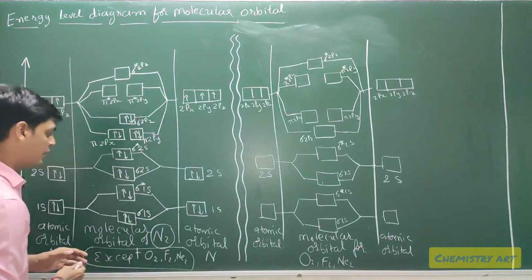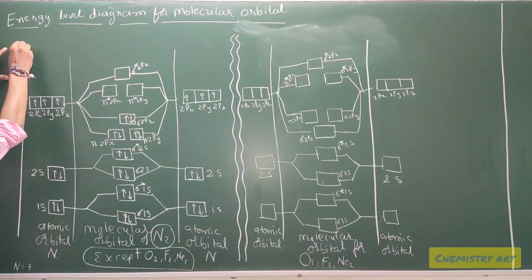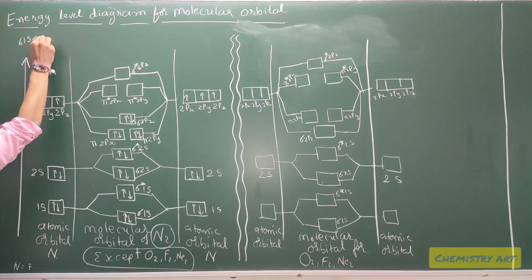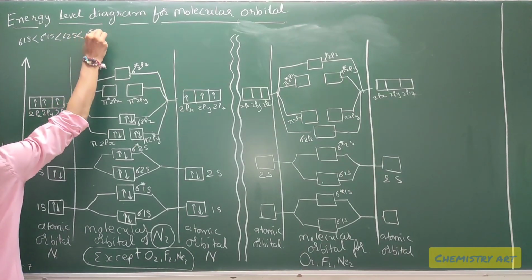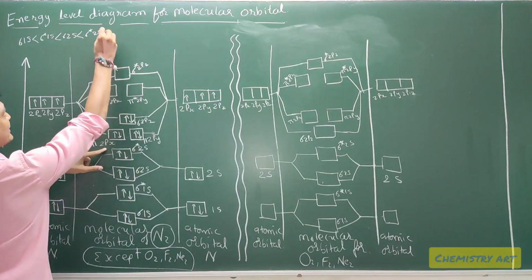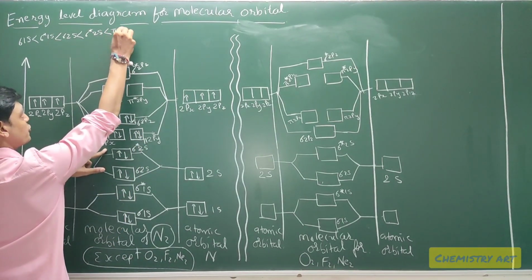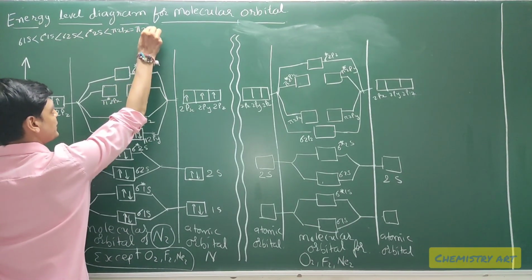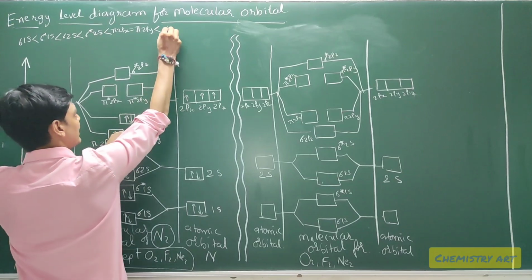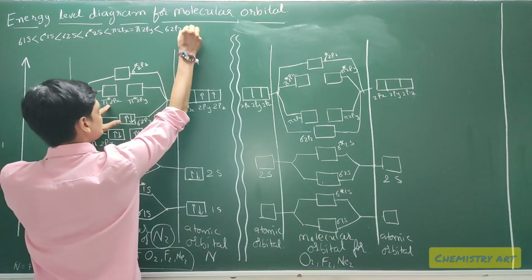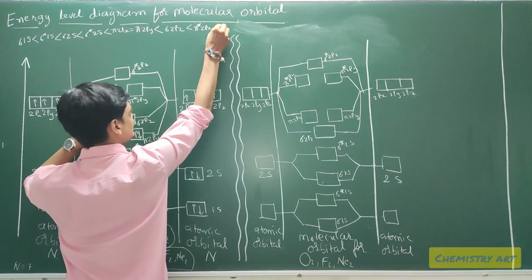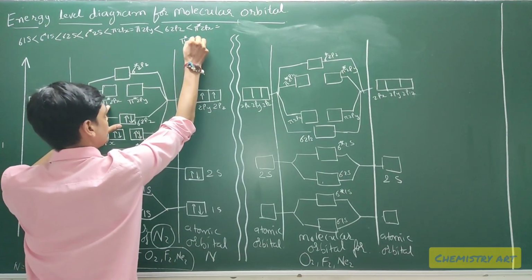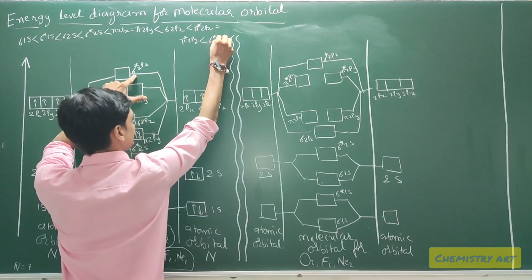And if we write the order of the molecular orbitals for nitrogen, that is sigma 1s, which has less energy, then sigma star 1s, then sigma 2s, then sigma star 2s, then 2px and 2py have the same energy, so I can write pi 2px equal to pi 2py, then sigma 2pz, then pi star 2px equal to pi star 2py, and then sigma star 2pz.